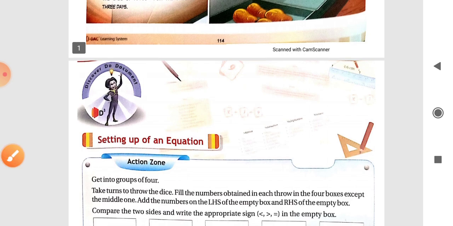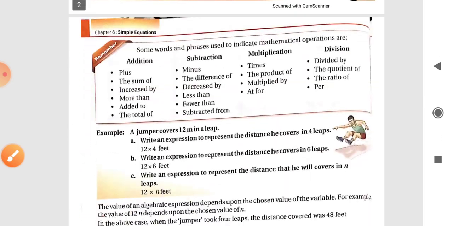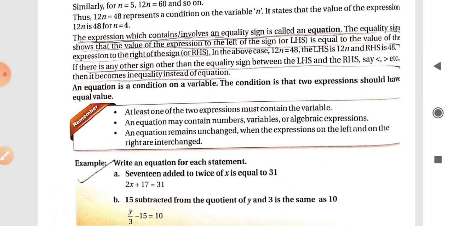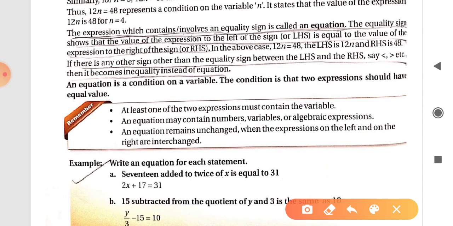The meaning of equation is written on page number 118. This is the meaning of an equation: the expression which contains or involves an equality sign is called an equation.